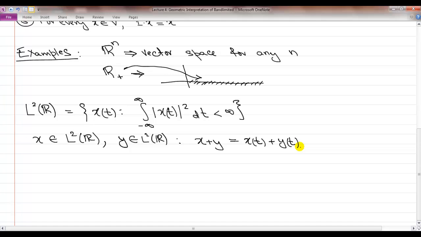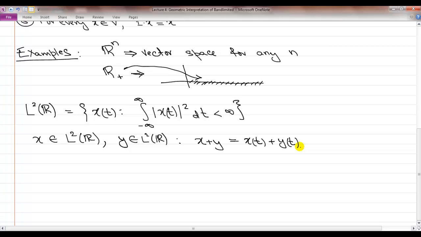And because you are defining addition in terms of the canonical addition, it becomes almost trivial that you will end up with, for example, an additive inverse. What is the additive inverse of a function x? Just take the same function and put minus in front of x of t for every value of t. What's the origin?